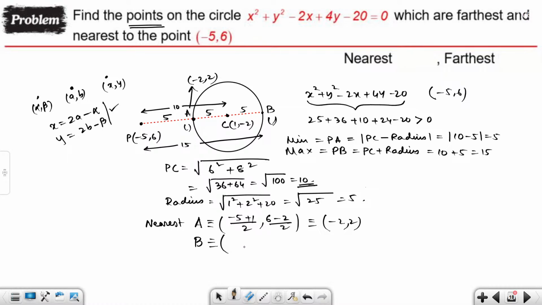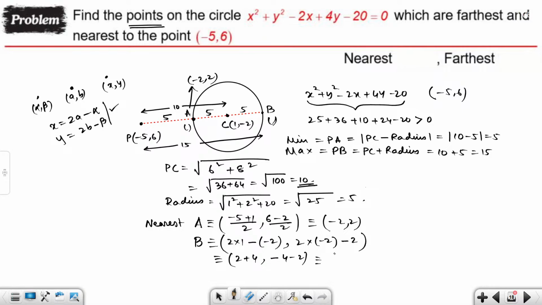So the coordinates of B will be 2 times the center abscissa 2 minus alpha, comma, 2 times the center ordinate minus 2, minus 2. So your answer will be 2 plus 4 and this is minus 4 minus 2.